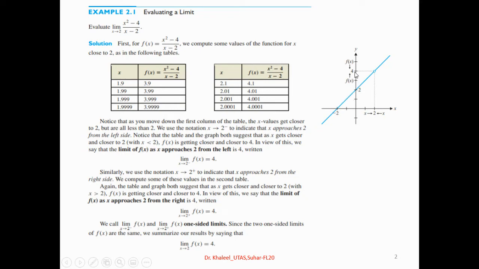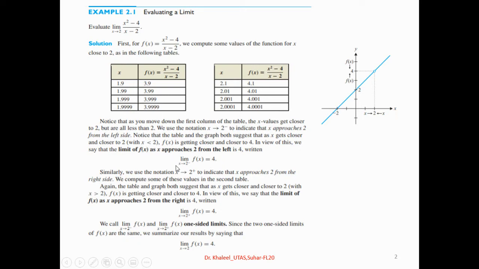Means the limit value is 4, the actual value of the function is not defined. So we write here the limit of f(x) as x approaches 2 from the left is equal to 4.